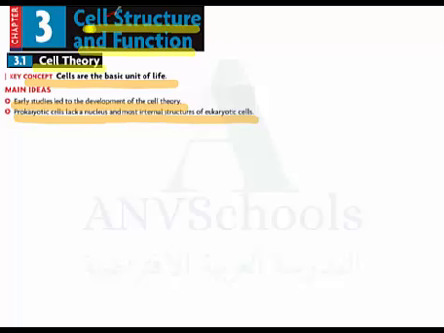Before the 1600s, nobody knew about a cell. And even the idea of a cell was not known by then. People had many other ideas about the basis of life.